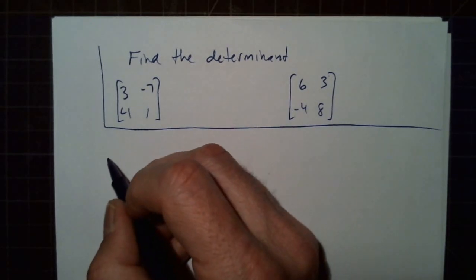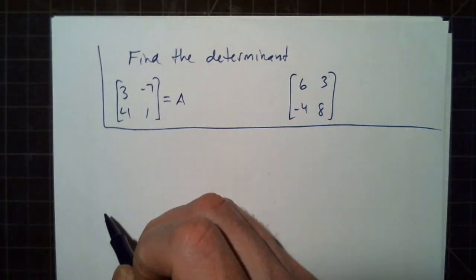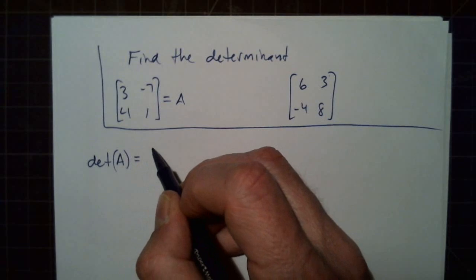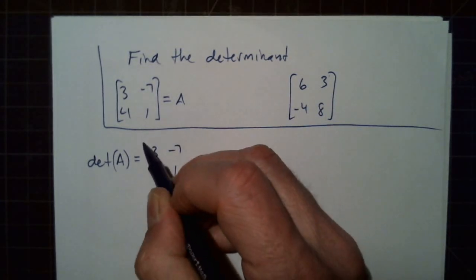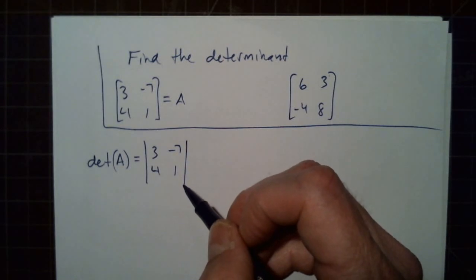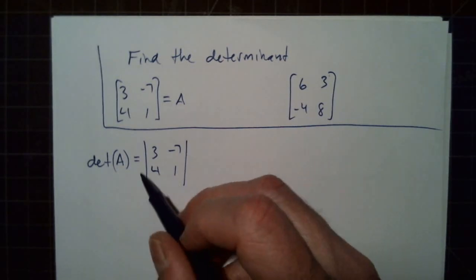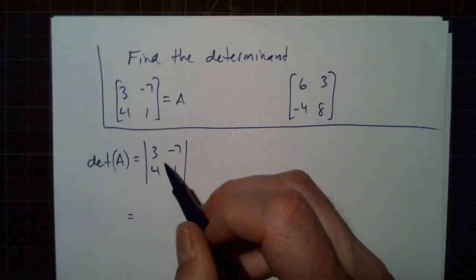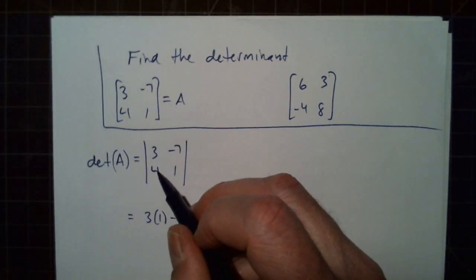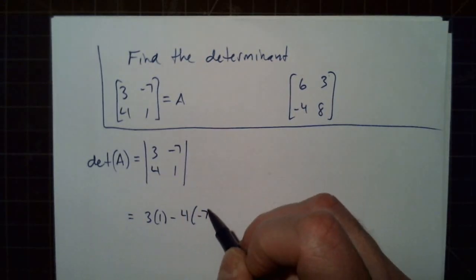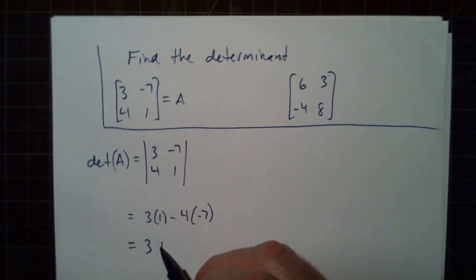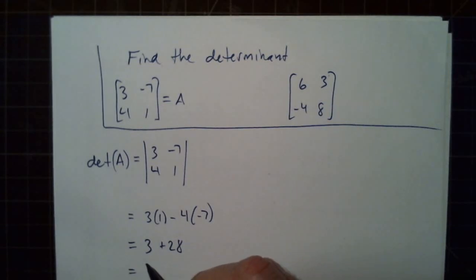The determinant, if we said this is matrix A, we could say the determinant of A is written like this, here with what looks like absolute value symbols. That's the symbol for the determinant, and we go like this: 3 times 1 minus, it's always going to be minus, 4 times negative 7. So 3 times 1 minus 4 times negative 7. 3 plus 28, 31.